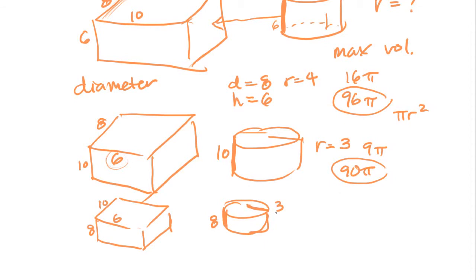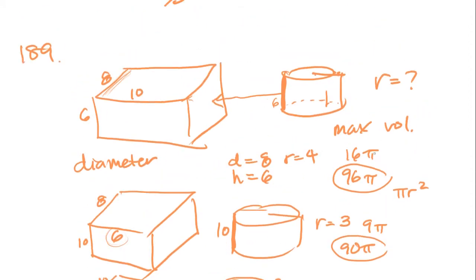So based on these drawings, I would say that 96 pi is the largest volume you could possibly have in a cylinder that goes inside a box. And what that means is the radius is going to be 4. And that is answer B. So yes.